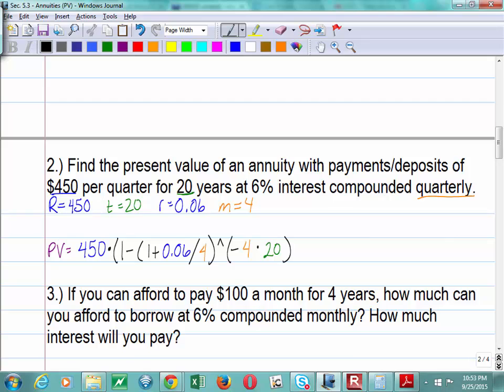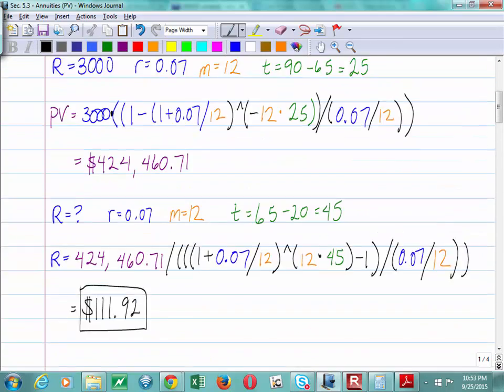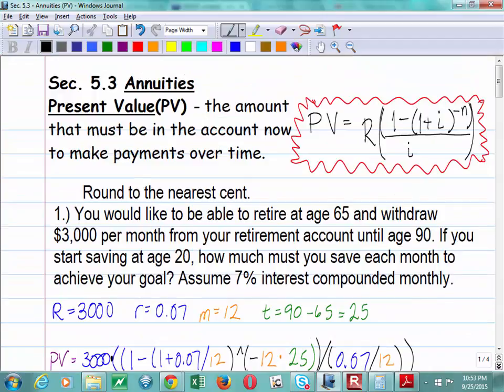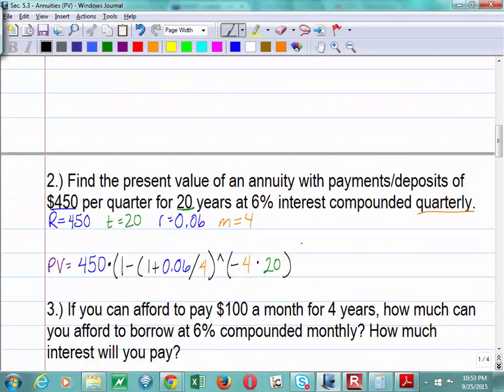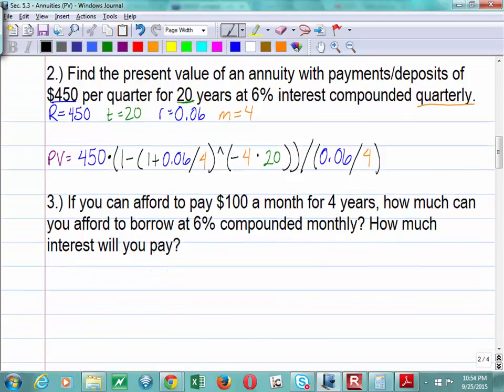And then all over, make sure I close that one and then put it all over 0.06 over 4. Alright, so we're going to type that in our calculator and see what we can get.